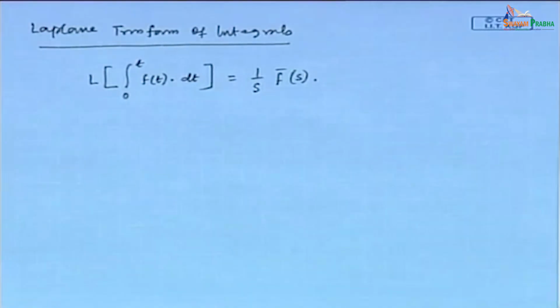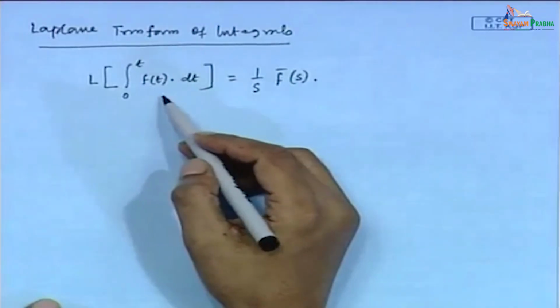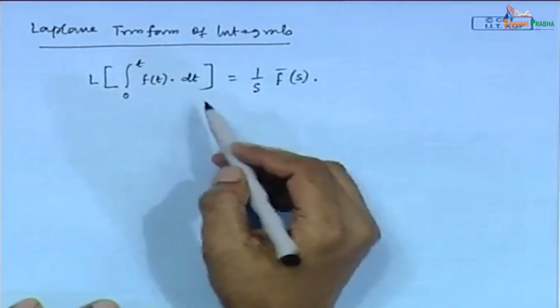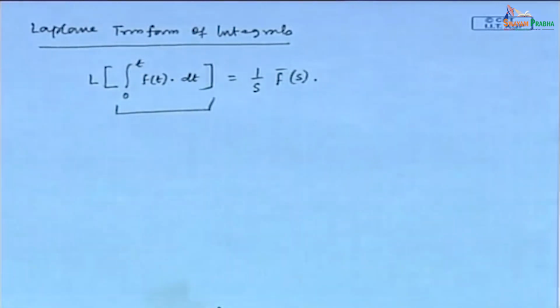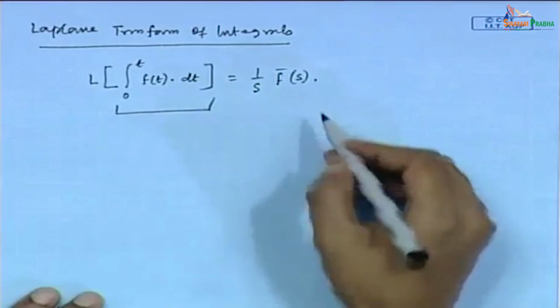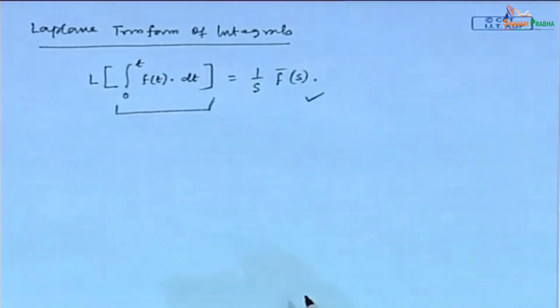If we consider f(t) as a function in time domain, then the integration of that function is this one, and Laplace transform of that function is this 1 by s F bar(s).